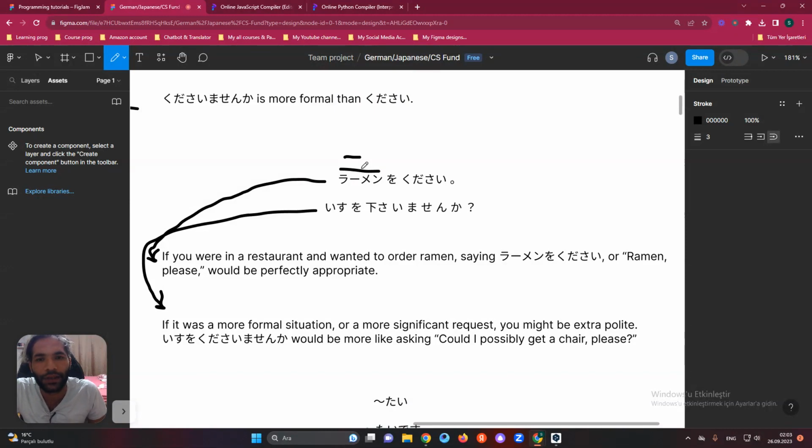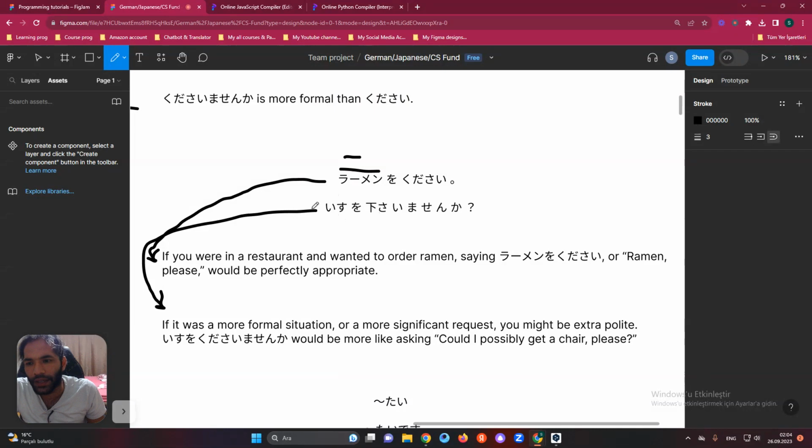Ramen, not like ramen with a short sound. Ramen o, ramen o, not like that. Ramen o, like this, okay? Ramen o kudasai.